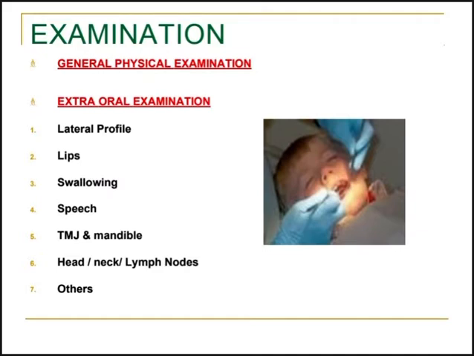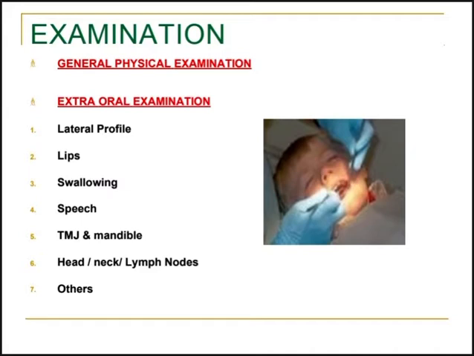So that means they have infantile swallow, and it is considered normal up to the age of 1.5 to 2 years. After 2 years, if you observe that there is infantile swallow, then we mention it as retained infantile swallow. All right. So that is regarding the swallowing.